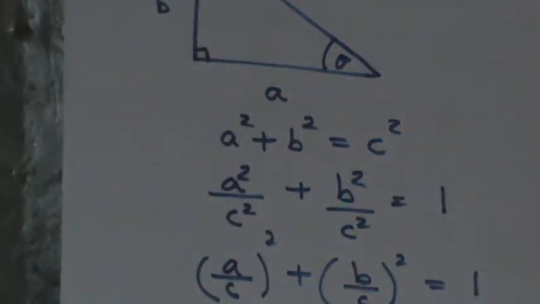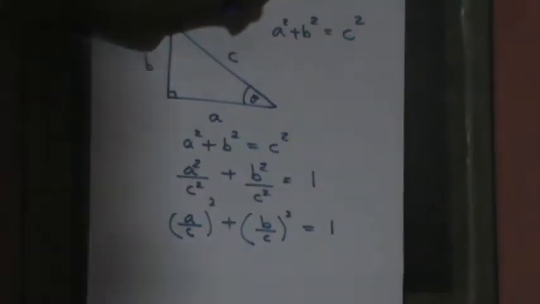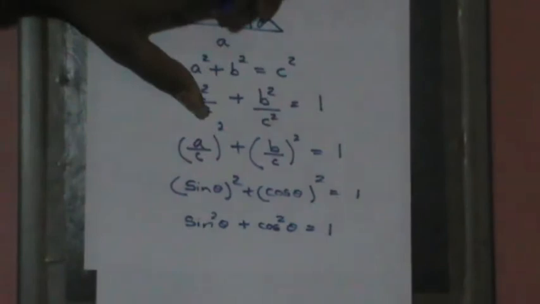So A divided by C squared plus B divided by C squared equals 1 becomes sine squared theta plus cos squared theta equals 1. This is the first trigonometric Pythagorean identity that I will be discussing, and the other two types of Pythagorean identities can be derived from this one. So sine squared theta plus cos squared theta equals 1.